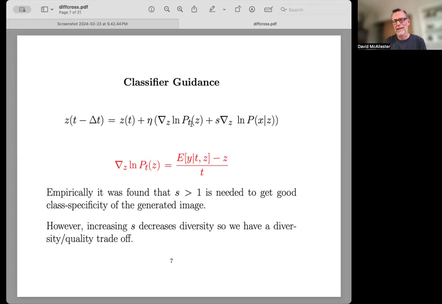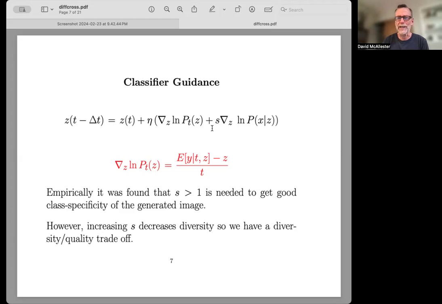So we're going to take this term and use our U-net, which is trained to produce this quantity. The U-net is going to be trained to produce this numerator. Actually, the U-net is trained to produce this expectation. We know Z. So the U-net is producing this expectation.